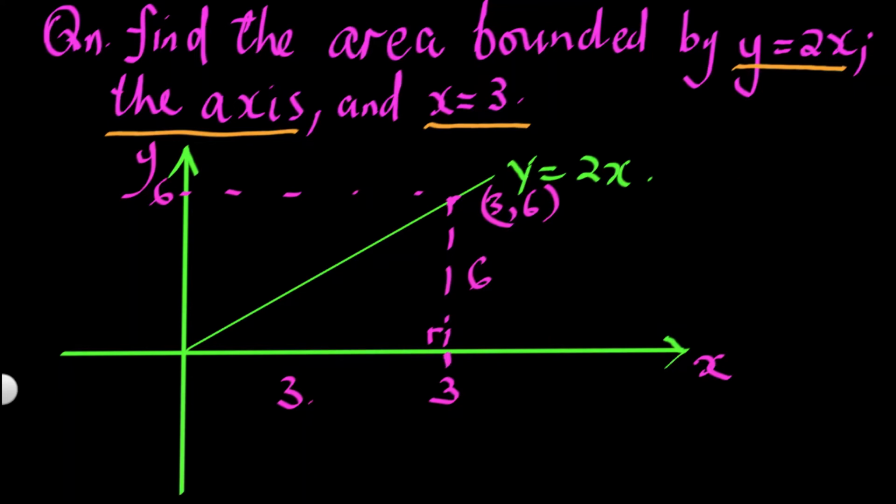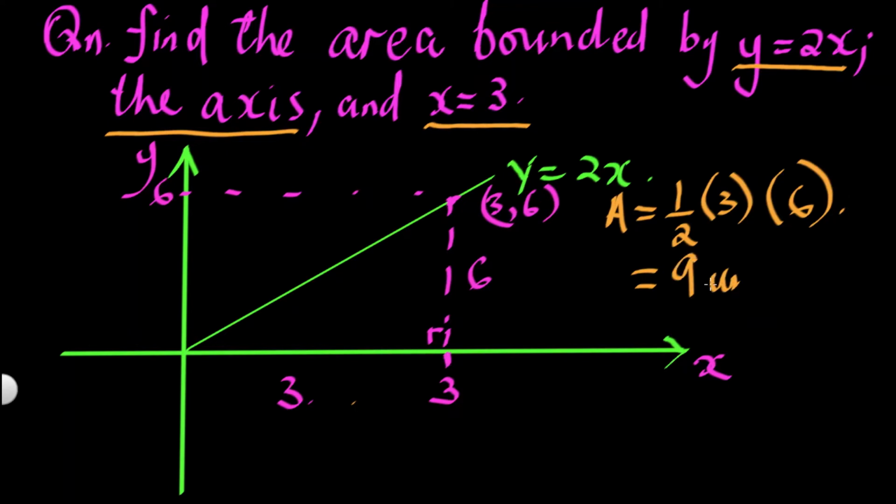I can find this area using the formula A equals half times the base, which is 3, times our perpendicular height, which is 6. From here, we can calculate the bounded area as we want. So this will be 9 square units.